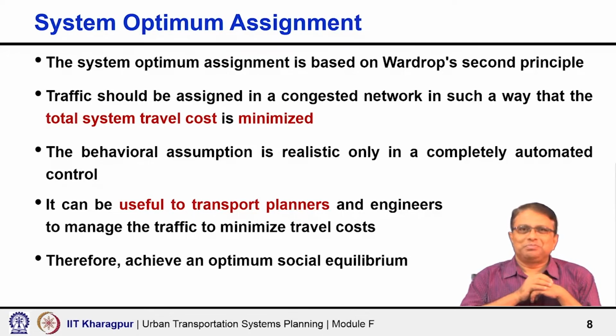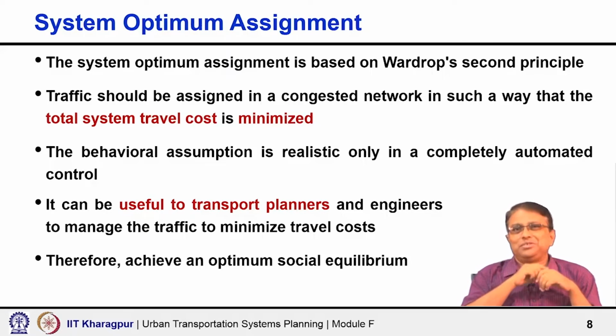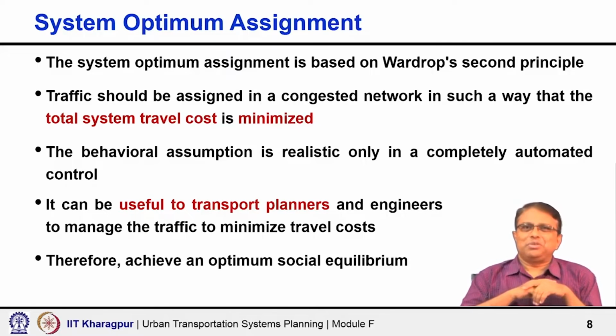Okay. So, normally you are not expected to get system equilibrium. It can only happen in a fully automatic control, where we sit inside the car and select our destination, and the system decides which path I should take so that the system travel time is optimized.